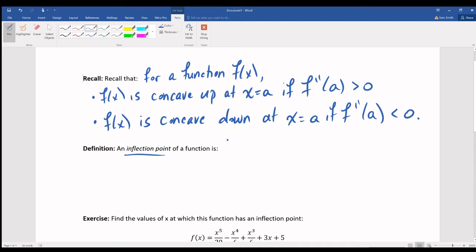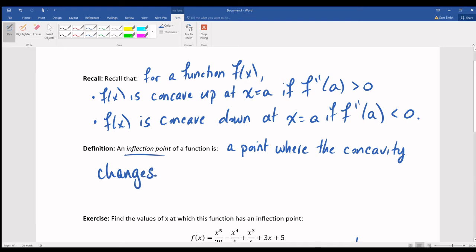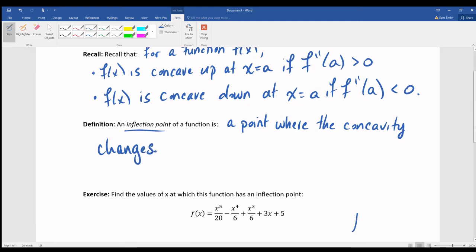A function f of x has an inflection point if the concavity of the function changes at that point. An inflection point of a function is a point where the concavity changes, either from concave up to concave down, or from down to up.